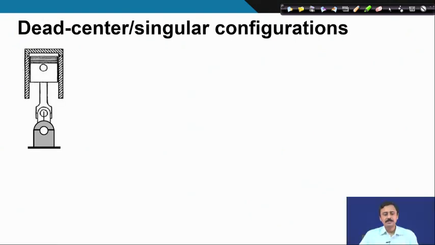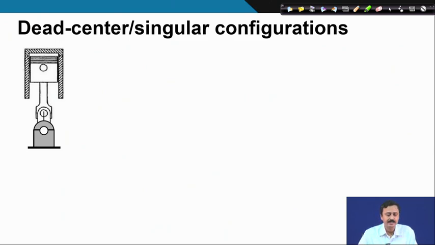Now, let us discuss briefly, let me introduce this topic of dead center or singular configurations. Here I have shown you an IC engine, and you already know this terminology, top dead center and bottom dead center of an IC engine. Here the kinematic chain is shown in the top dead center configuration.